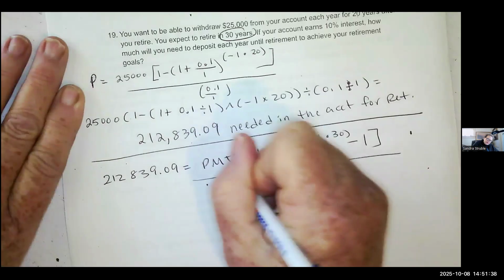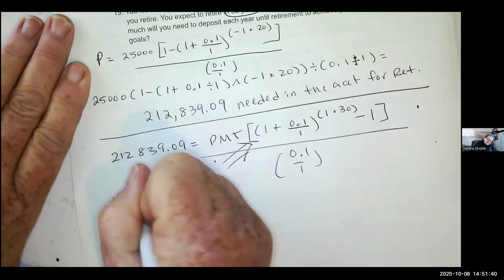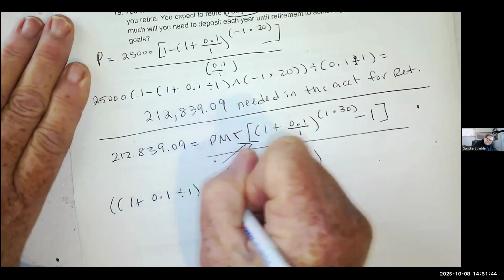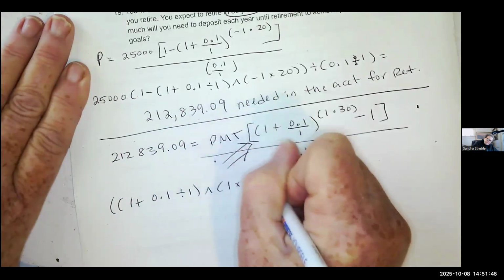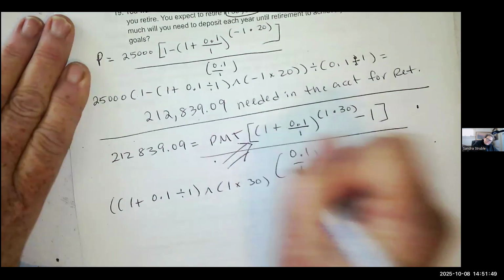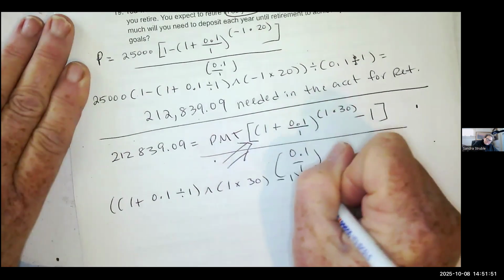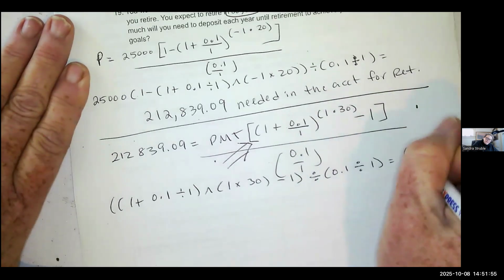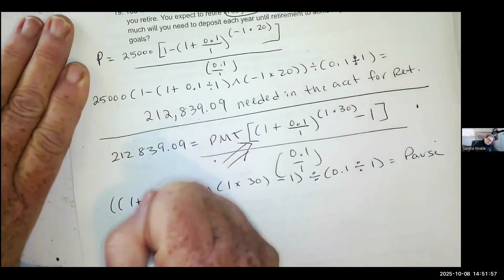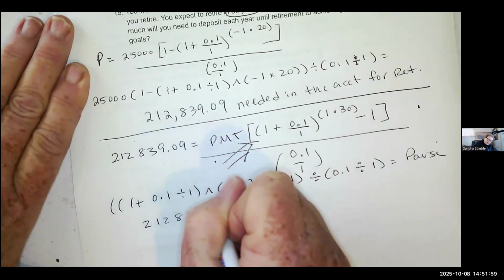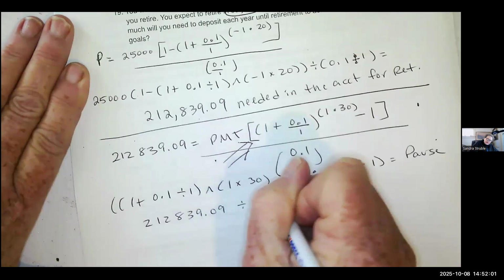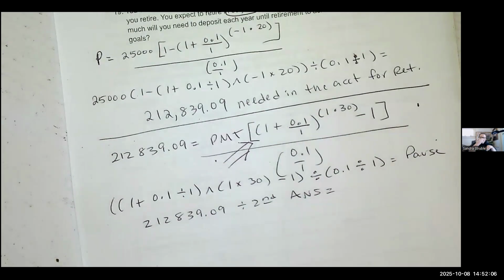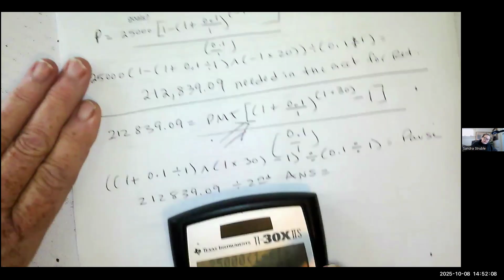Putting this in the calculator, we start right here. Pause. 212,839.09 divided by second answer equals. All right, let's put this in the calculator.